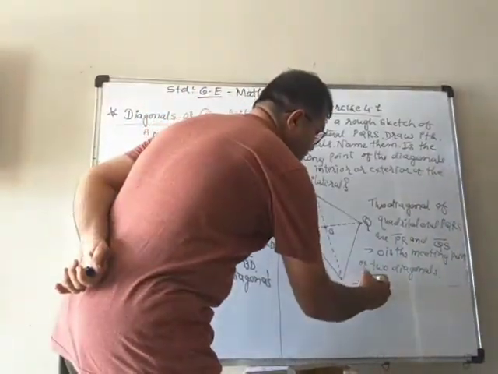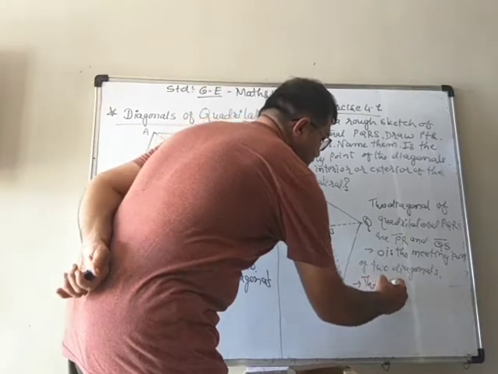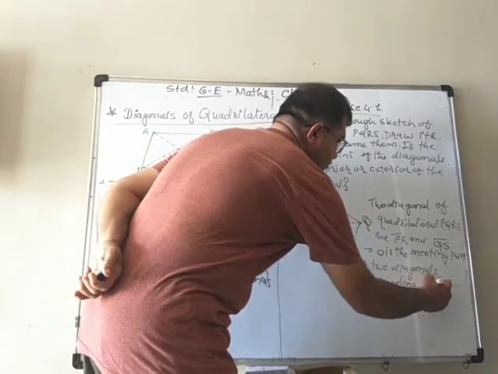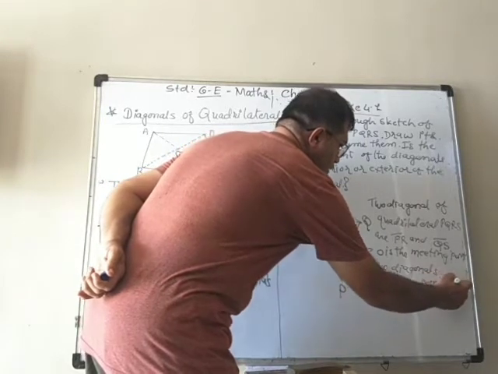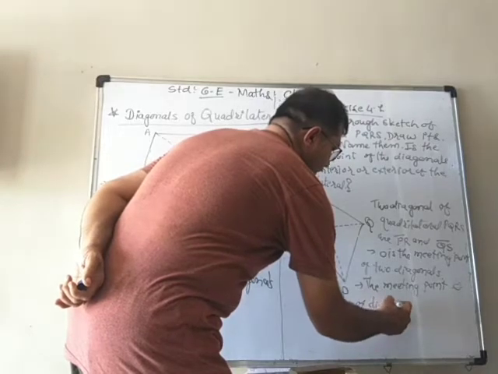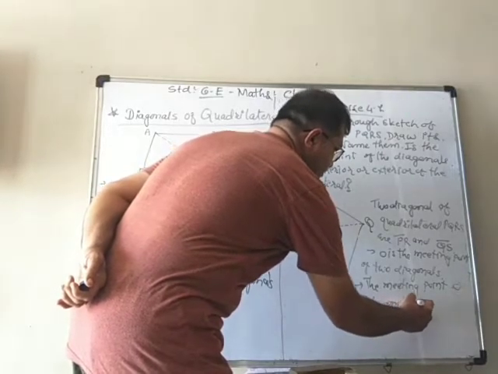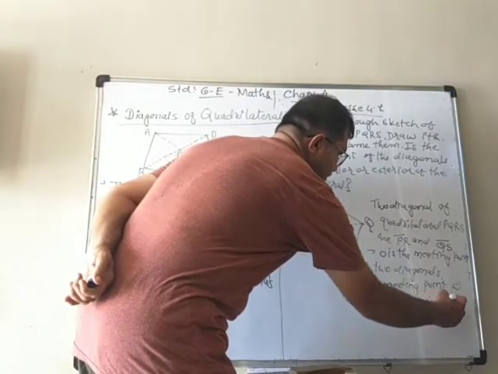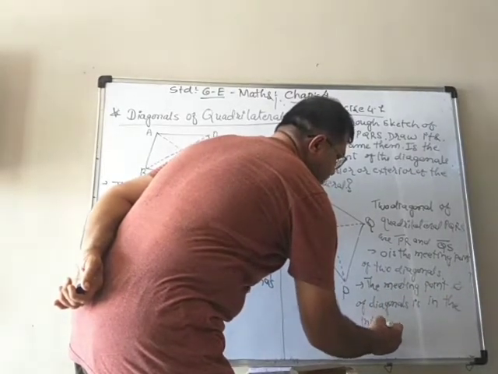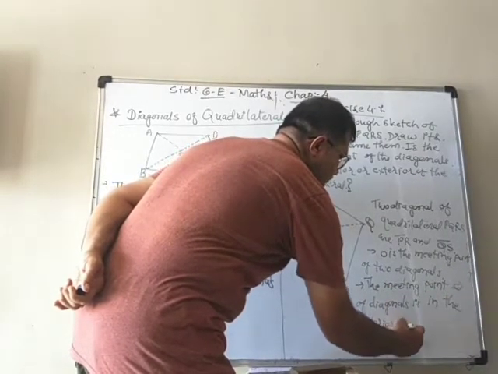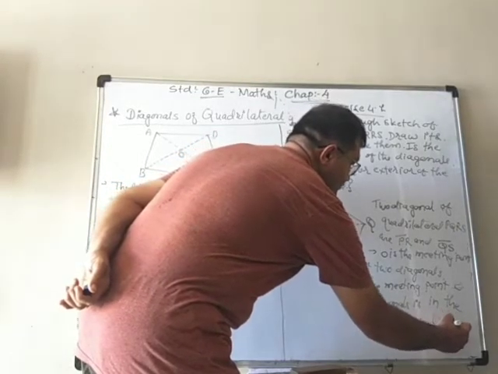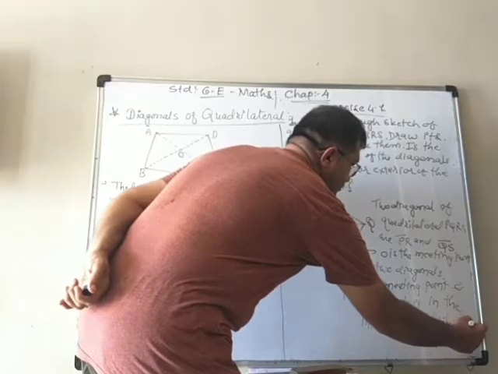So we can write down: the meeting point O of the diagonals is in the interior of the quadrilateral.